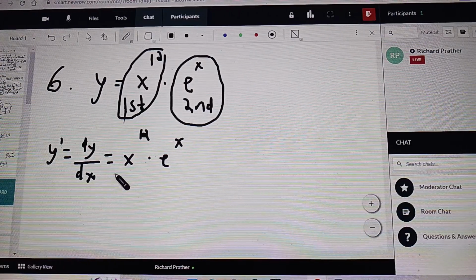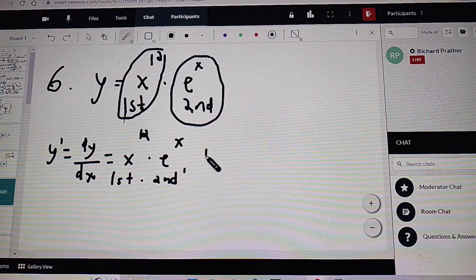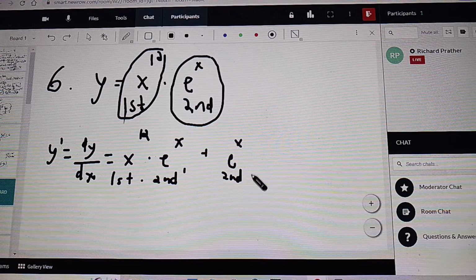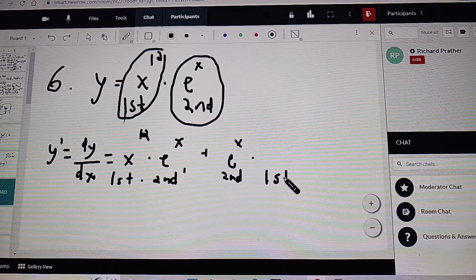So this was first, and maybe it doesn't look like it, but this was derivative of the second, plus the second, which is again just e to the x, times the derivative of the first. The derivative of x to the 12th is 12x to the 11th.